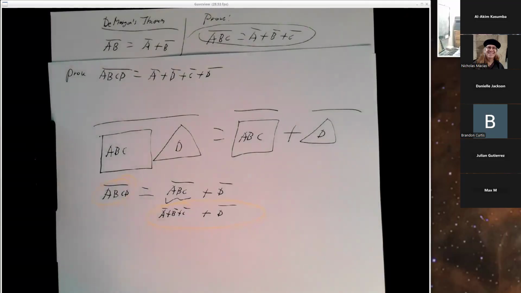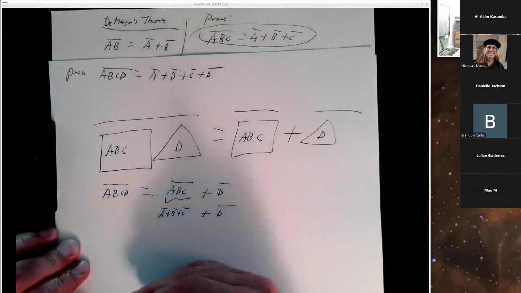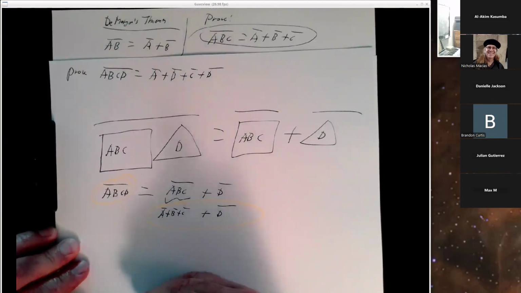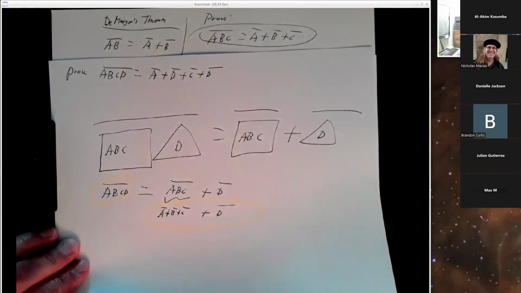But I'd still like to know De Morgan's theorem works on 5 million variables. So this is what mathematical induction will do for us. It will let us take our idea on how to go to 5 variables, 6 variables, 10 variables, and it'll let us formalize it. So yeah, knowing induction stops me.